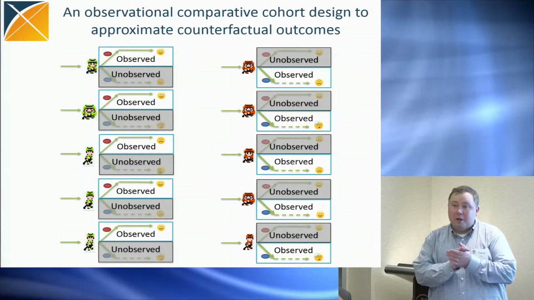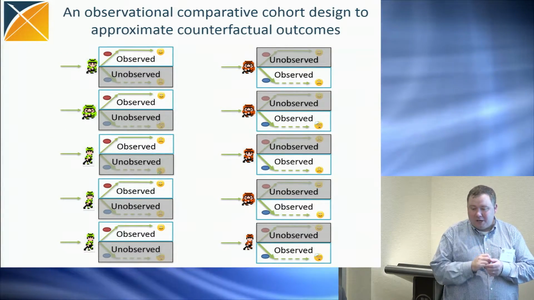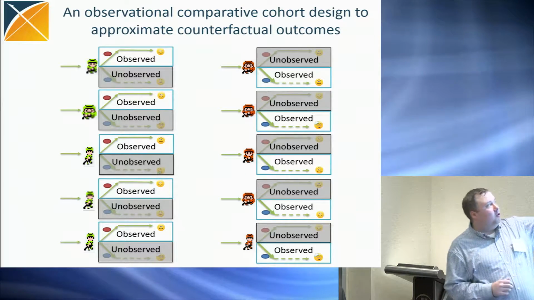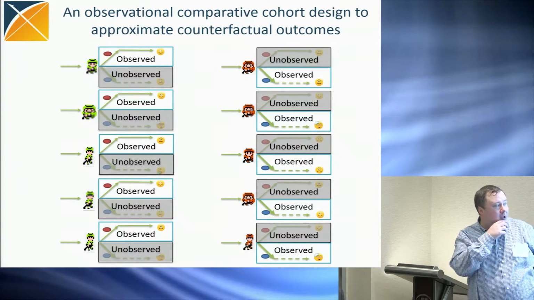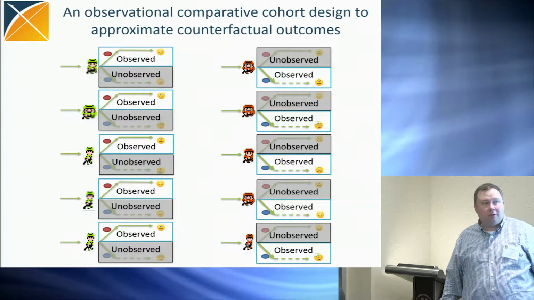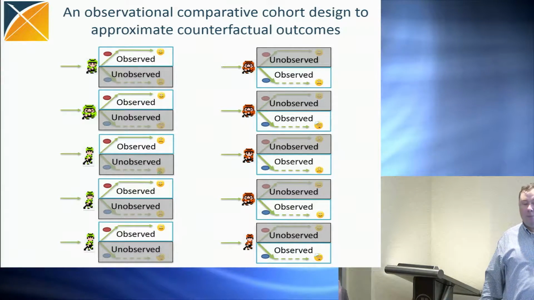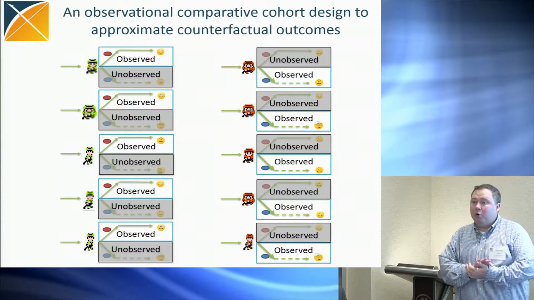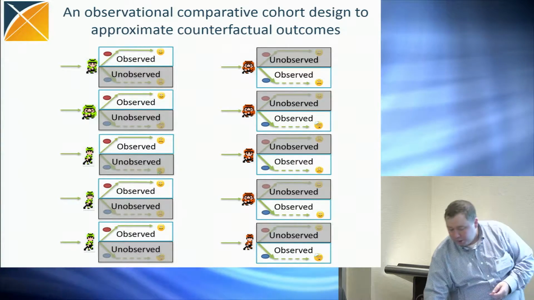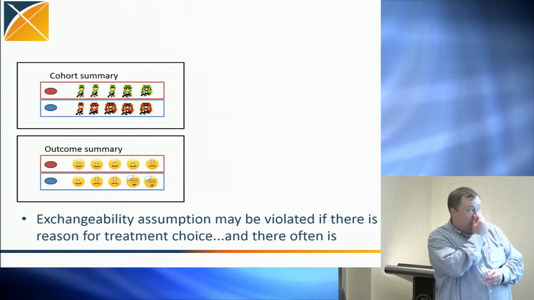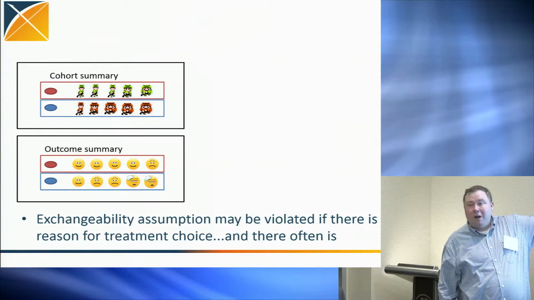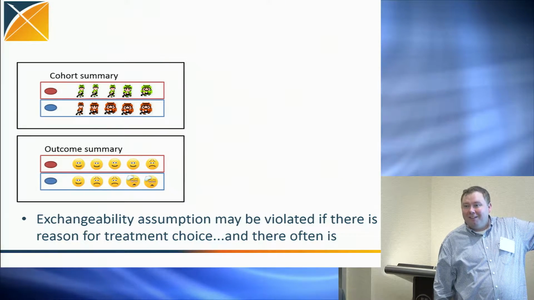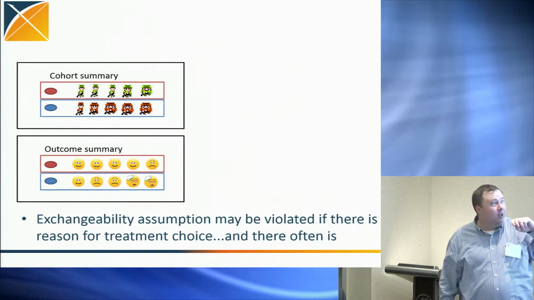All right. So that observational comparative study, what that basically looks like is you've got your people who made their conscious choice to choose the red pill. So you don't know what would have happened if they took the blue. And you've got a different group of people who took the blue pill, and you don't know what would happen to them when they took the red pill. And so, to Anna's point, one of the challenges you get is it could be that the people who took the red pill just fundamentally look different than the people who took the blue pill.